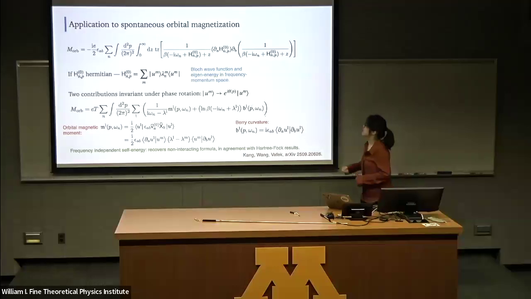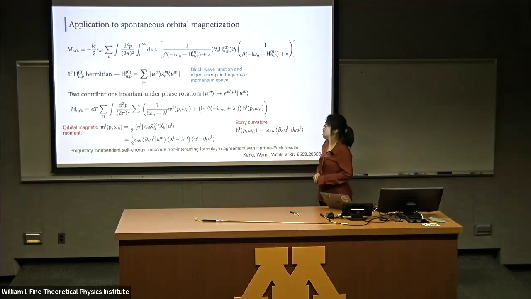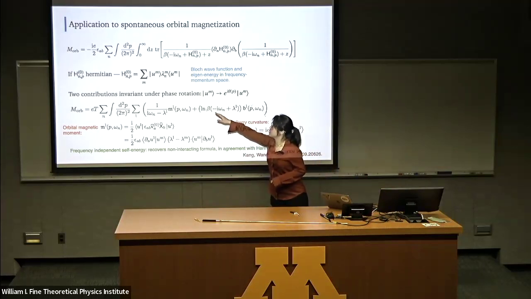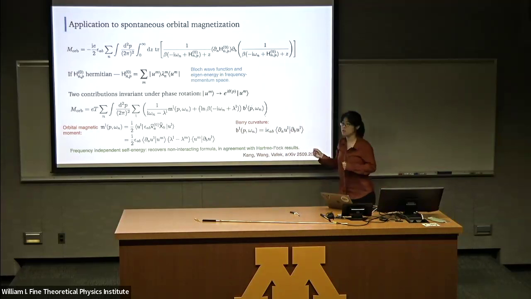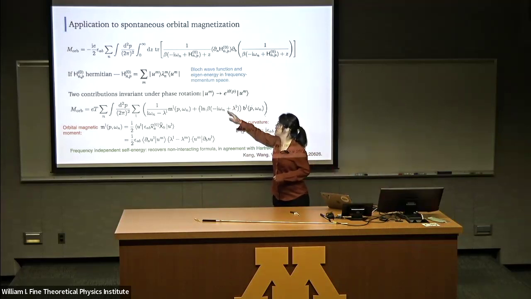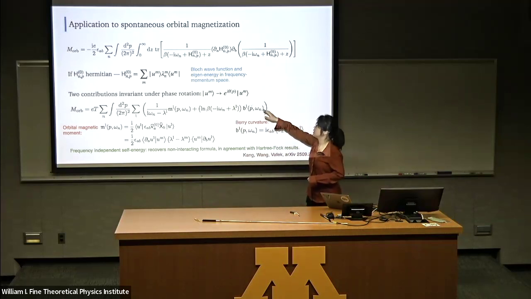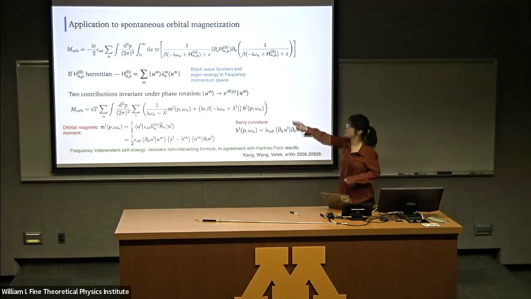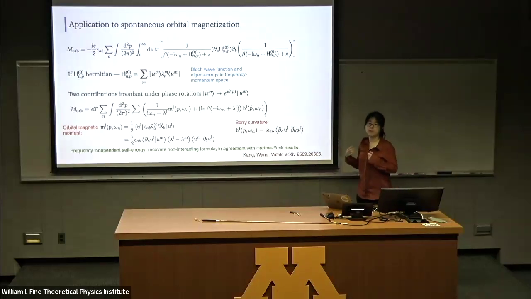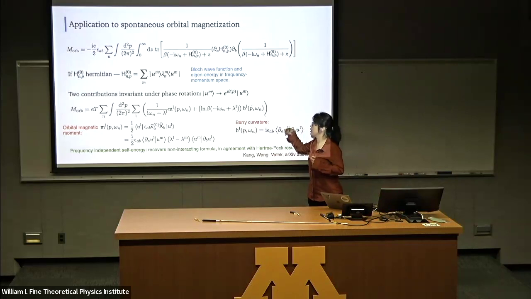Now let me discuss how to understand this. I will consider a Hermitian Hamiltonian H, which, remember, depends on both the non-interacting Hamiltonian and the self-energy. Let's say that it is still Hermitian with the self-energy, and as a result we can write it in terms of Bloch wave functions and real eigenenergies. Note that these Bloch wave functions and eigenstate energies can be both frequency and momentum dependent. Then we identify two physically distinct contributions.